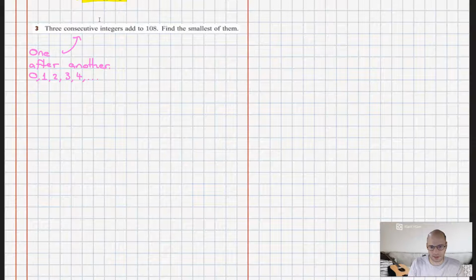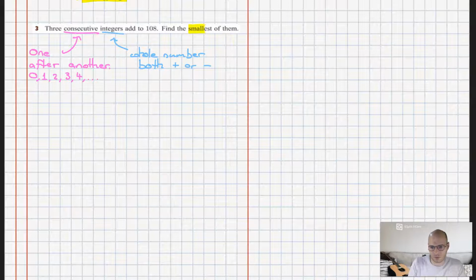Then it says consecutive integers. An integer is a whole number, and it can be both positive or negative. Those are the 2 words that could possibly throw us off in this question: consecutive and integer. Now let's have another read. 3 consecutive integers add to 108. Find the smallest of them.